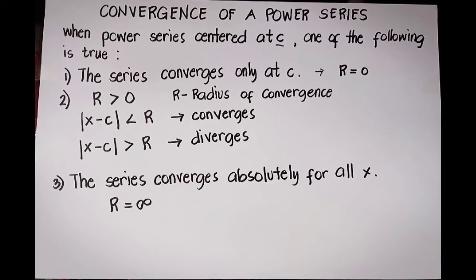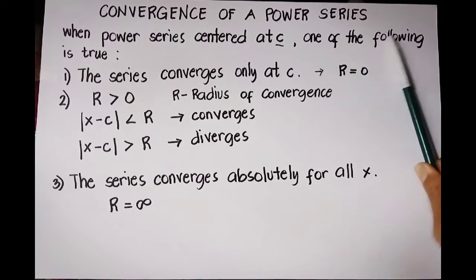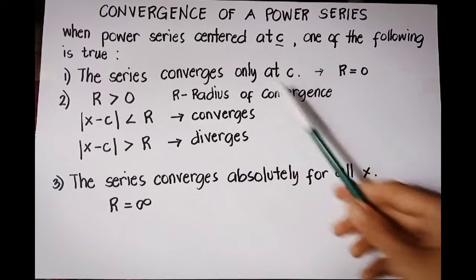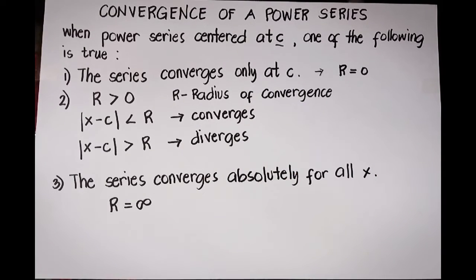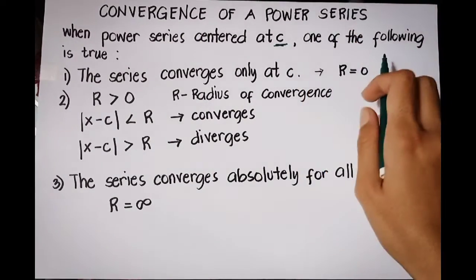Now let's talk about the radius and interval of convergence. We have here 3 cases of the convergence of a power series. For a power series centered at c, one of the following is true.